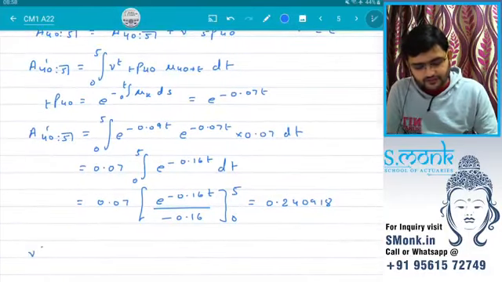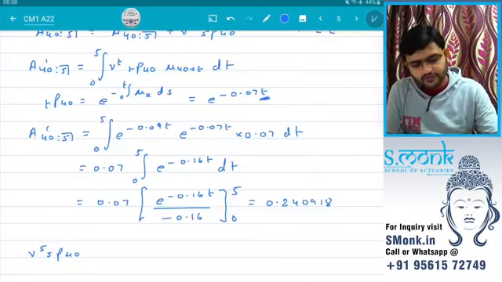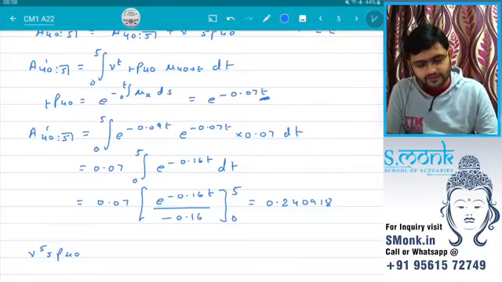Then v raised to 5, 5p40. All I have to do is for 5p40 put 5 here, and v raised to 5 we know is e raised to minus delta into 5, and then this will be e raised to minus 0.07 into 5.